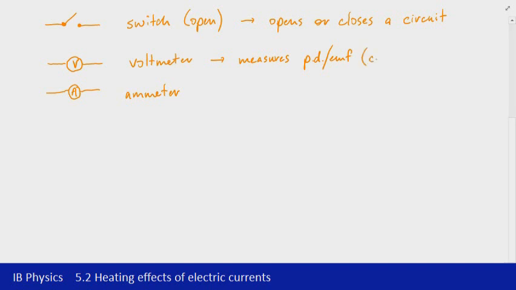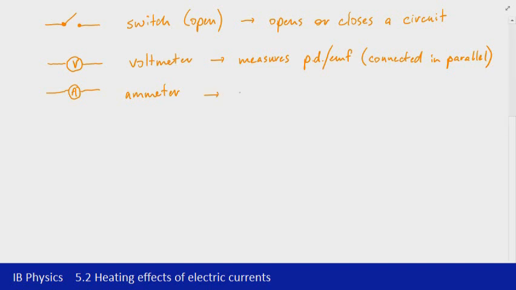And just as a reminder, a voltmeter is connected in parallel, so it needs to sample the amount of energy before and after a component, find the difference to determine how much energy is being used per coulomb, and so they need to be connected in parallel.